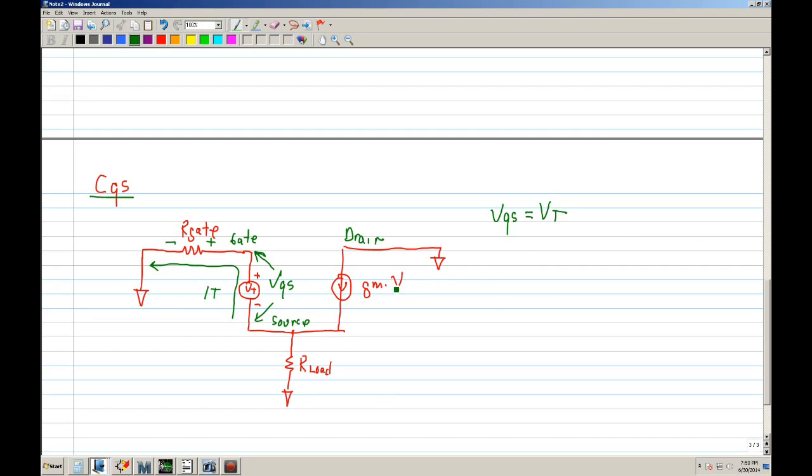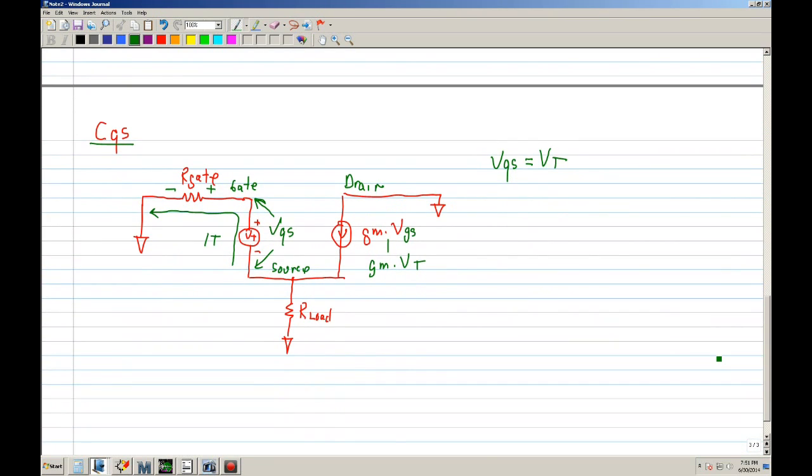Okay, and typically this would be GM VGS. So instead of writing VGS, let me write it as GM VT. Okay, so we have that so far.